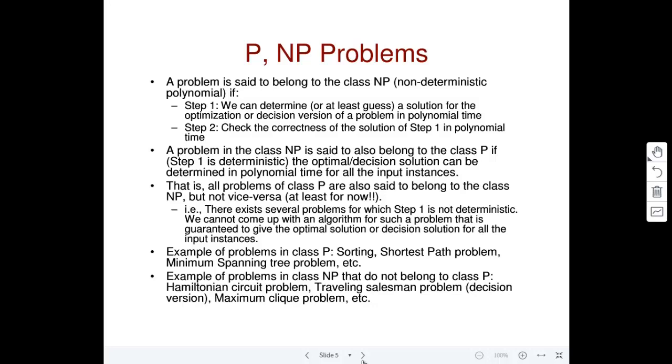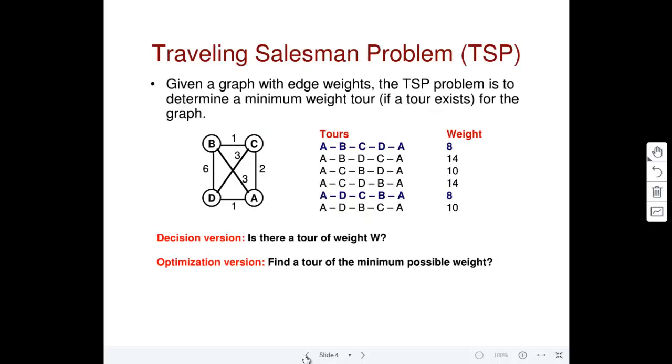So what I mean by not deterministic is, let us say I come up with some algorithm for the traveling salesman problem. For some complete graph with some distribution of edge weights, it is going to give you a minimum weight tour, and you can always cross check by writing down all possible tours.